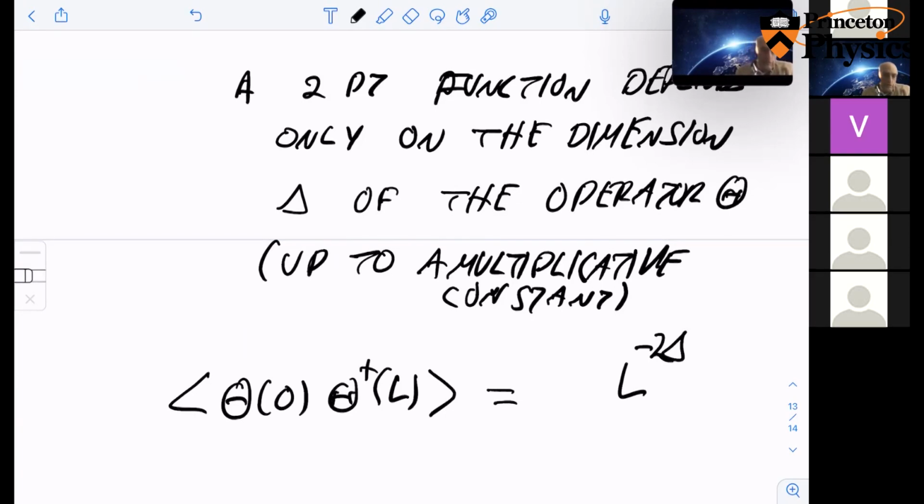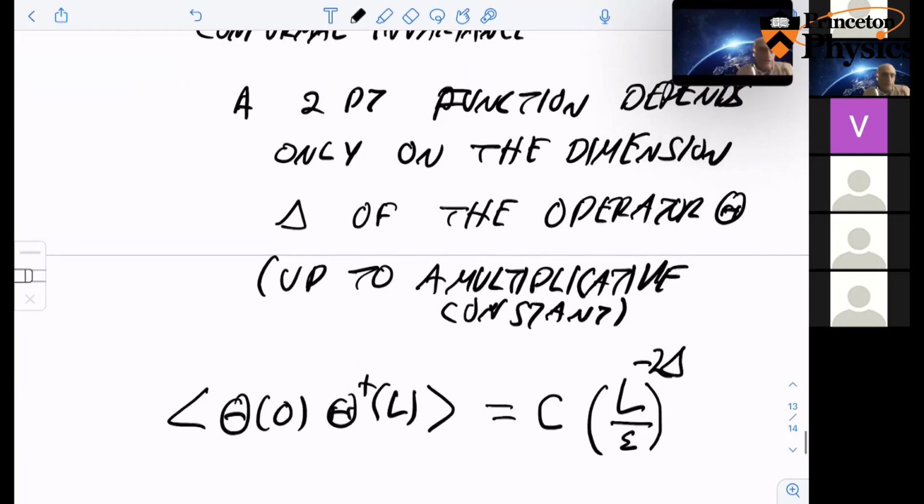Up to a constant. By dimensional analysis, it will have to be L over epsilon to the minus 2 delta, and then there could be some other constant in front. So the general form of theta of 0, theta dagger of L, is L over epsilon to the minus 2 delta times a constant, if I assume that theta has dimension delta.